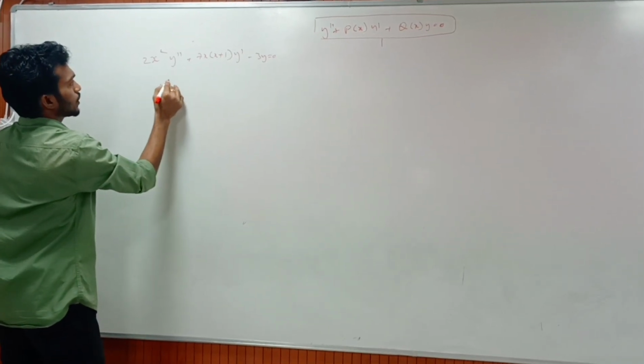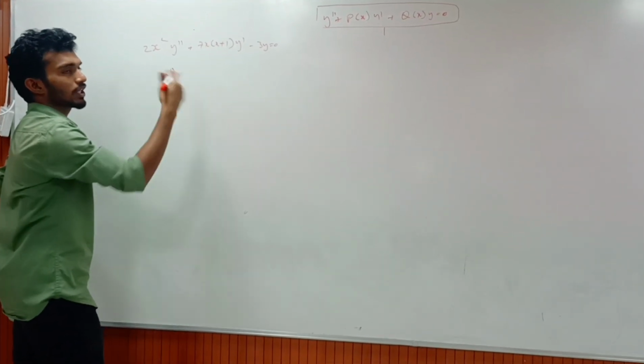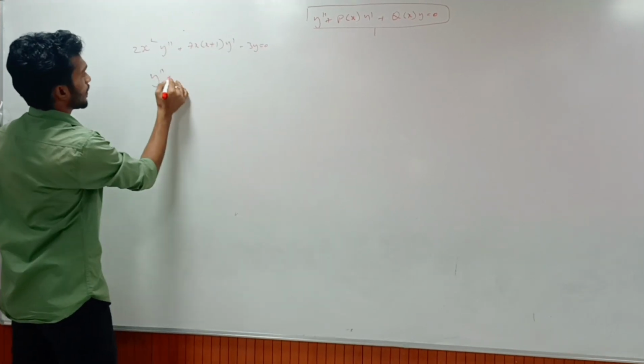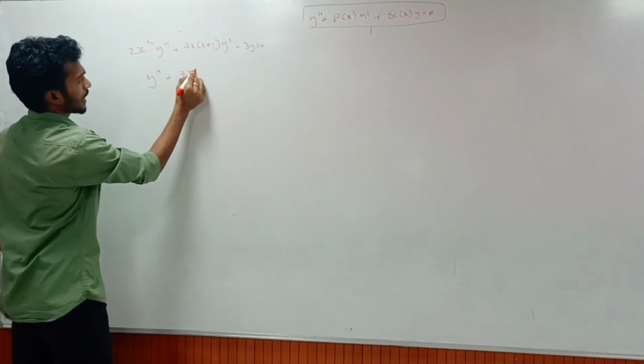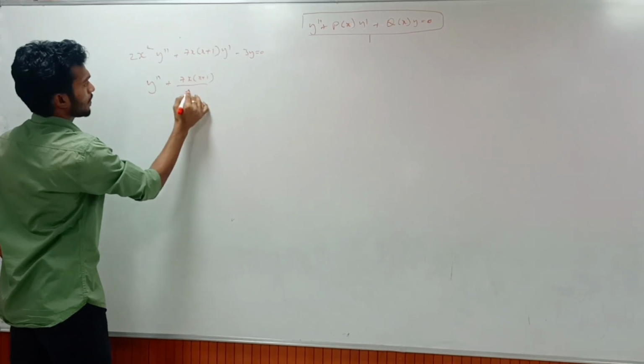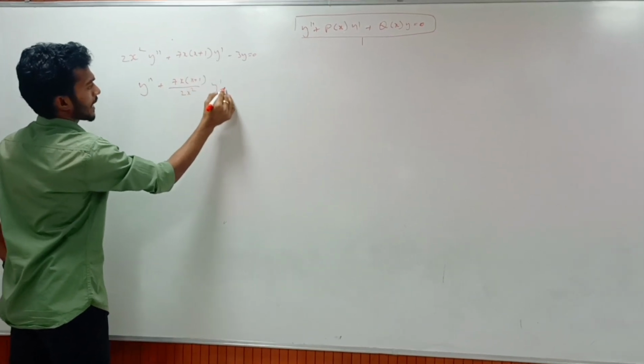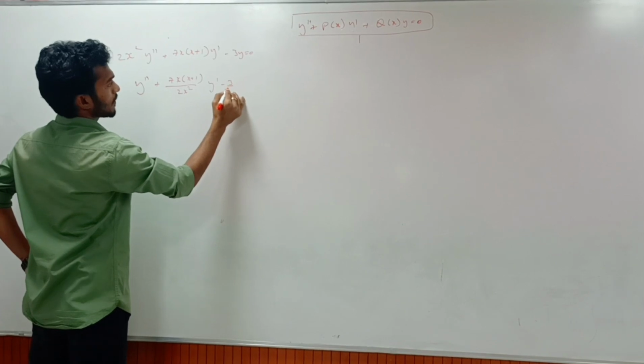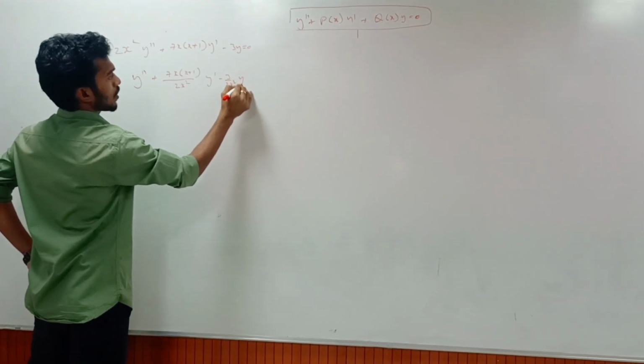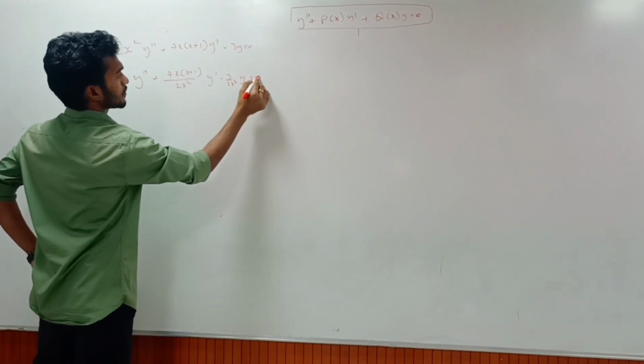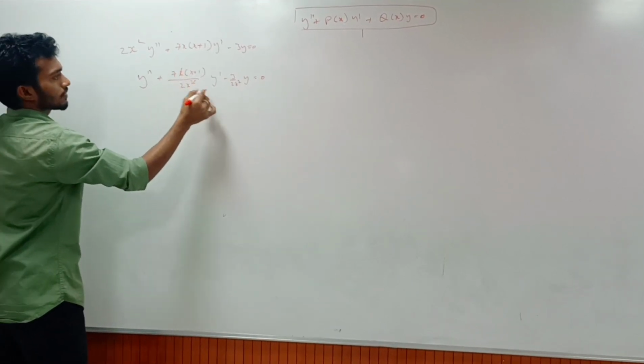So we need to divide the whole equation by 2x square: y double dash plus 7x into (x plus 1) divided by 2x square y dash minus 3 divided by 2x square y equal to 0. Fine, cancelled.